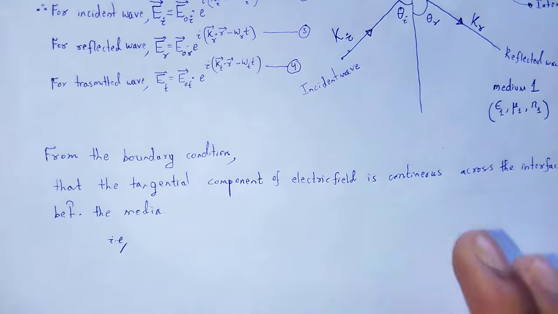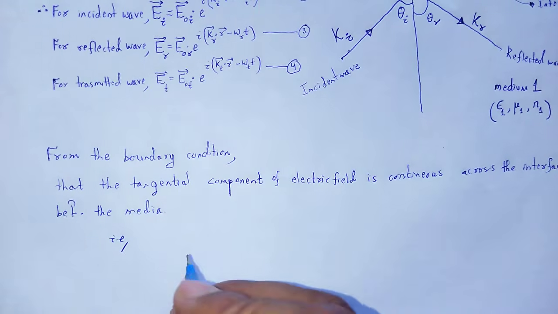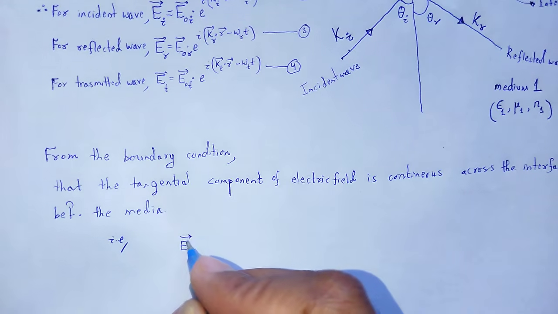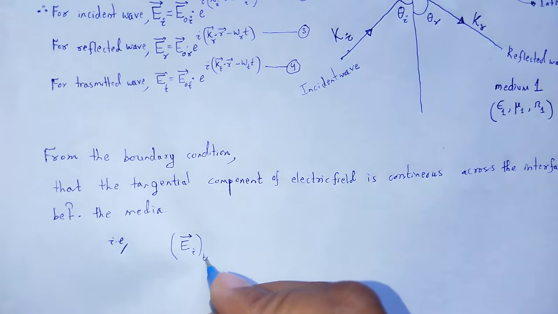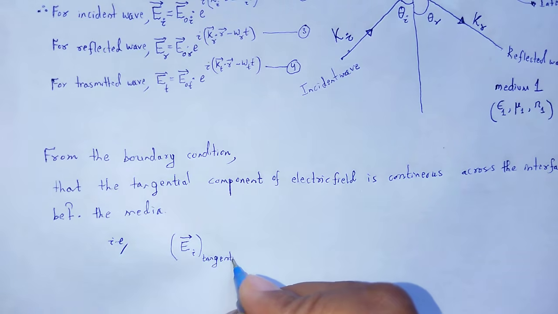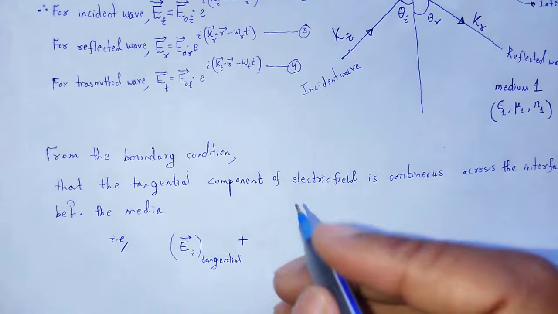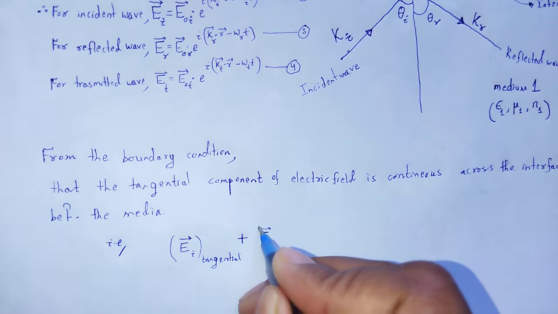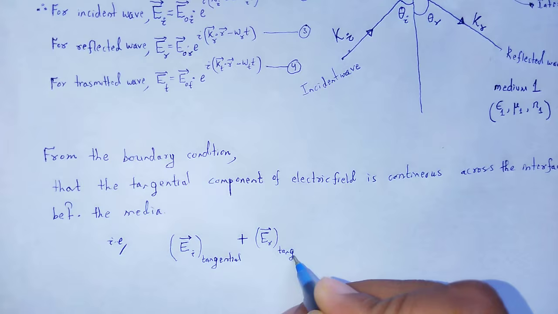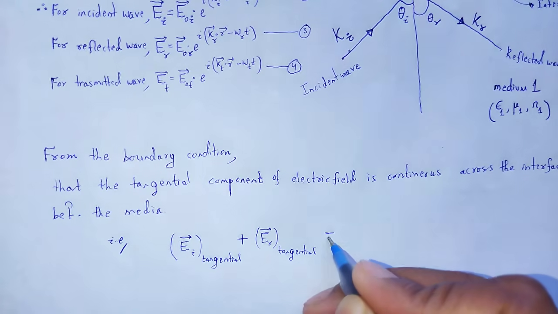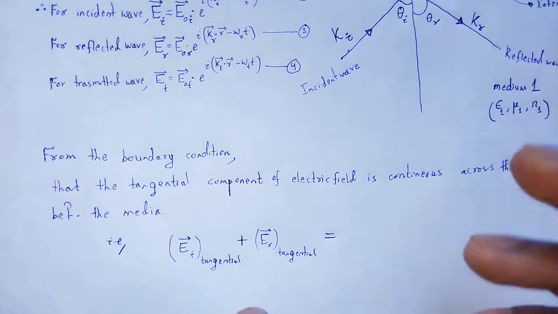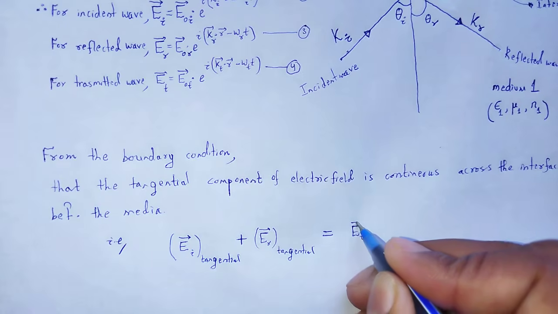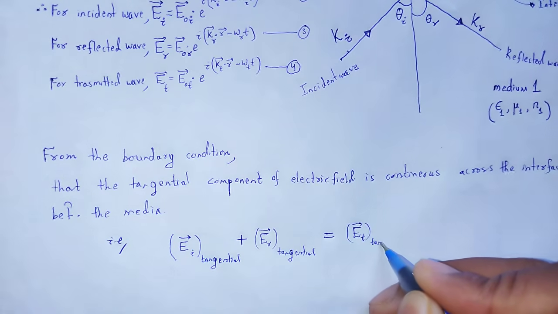So, we write the tangential component of the incident wave as E i vector tangential plus E r vector tangential is the same as E t vector tangential.